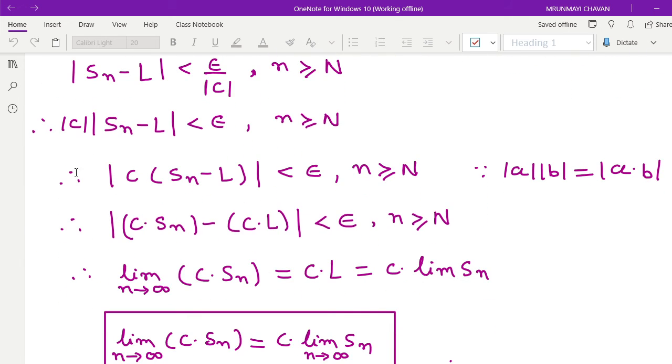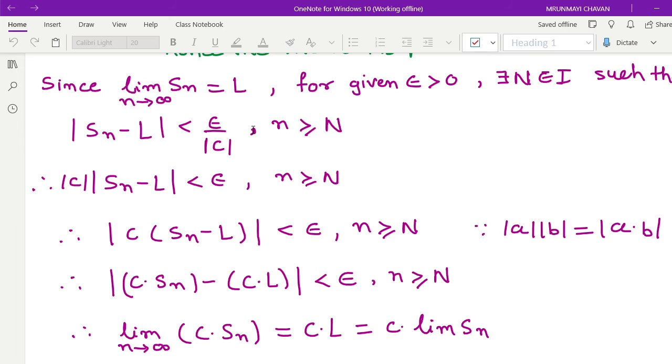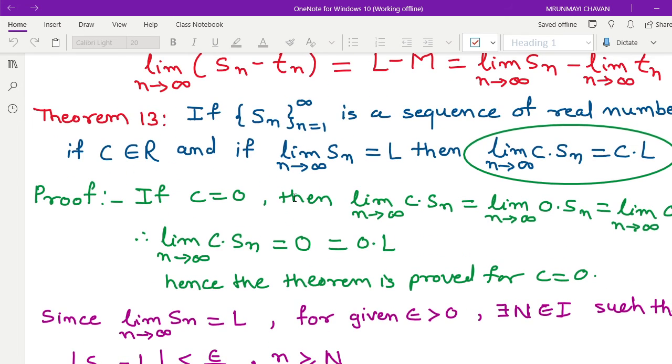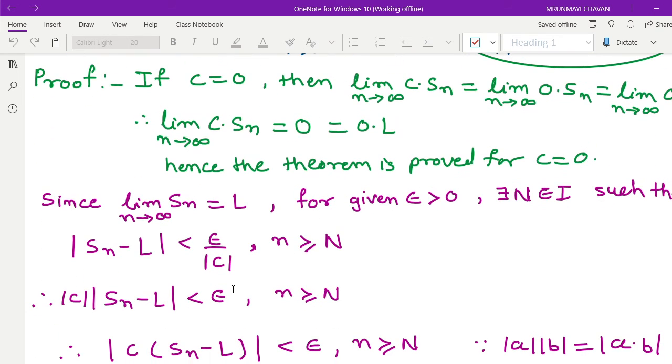So now we have to find the value of the limit of C into Sn.